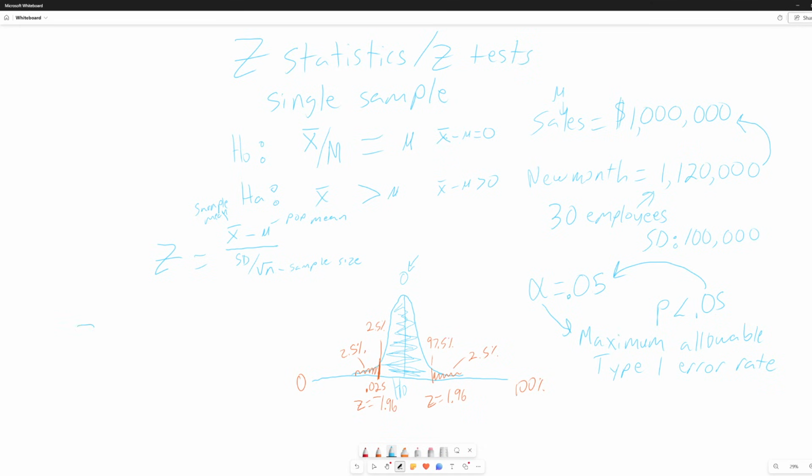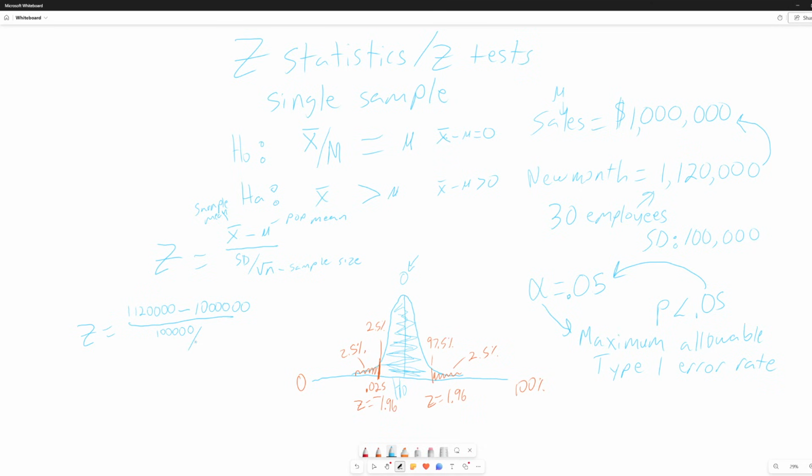So now let's go ahead and calculate this. I know that Z is equal to X bar, which is my sample mean, my new month, an average between my sales folks of 1,120,000, minus 1,000,000, which is the population mean. And I'm going to divide that by the standard deviation divided by the square root of n.